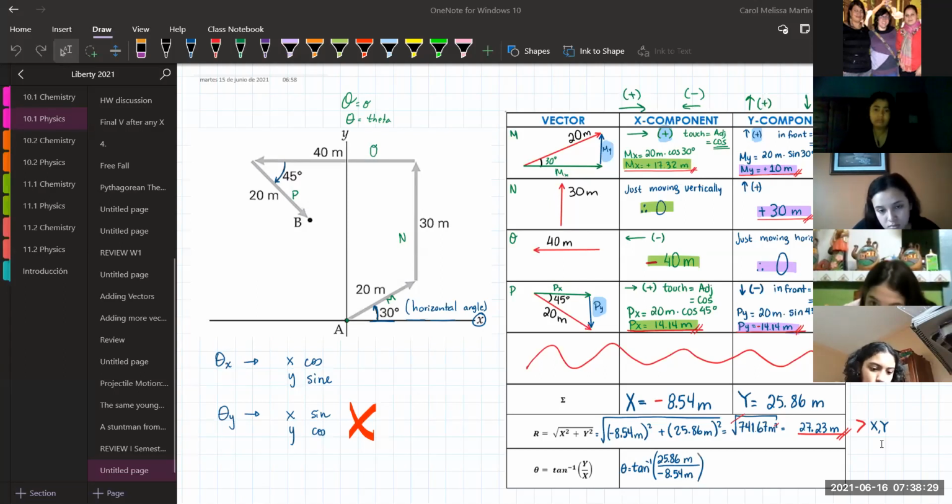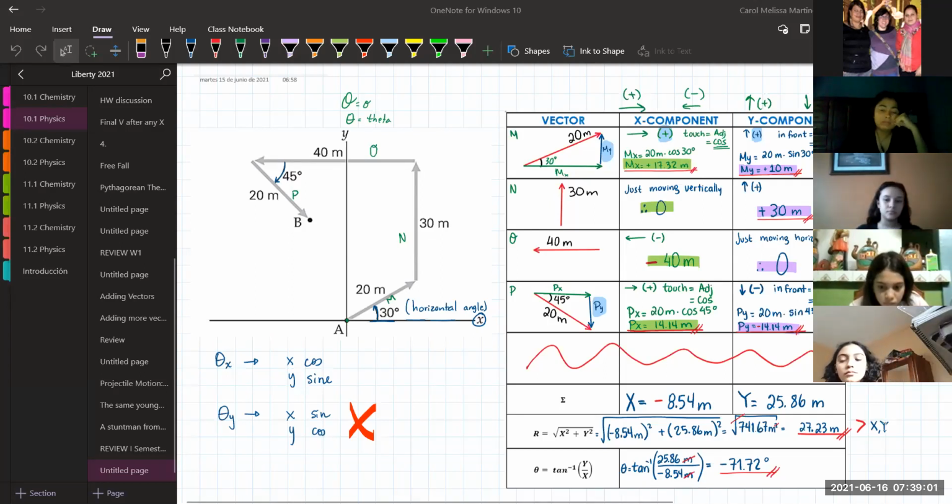We cancel meters with meters. And this gives you negative 71.72 degrees. And with this, we finish.